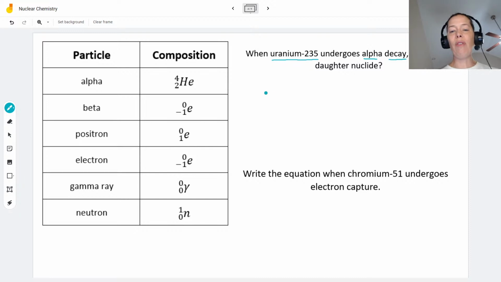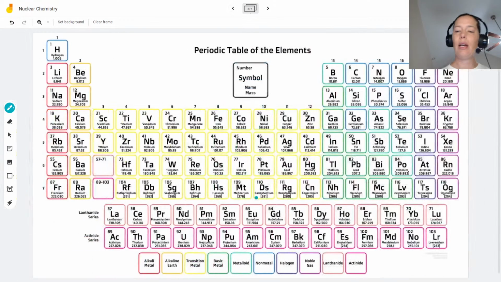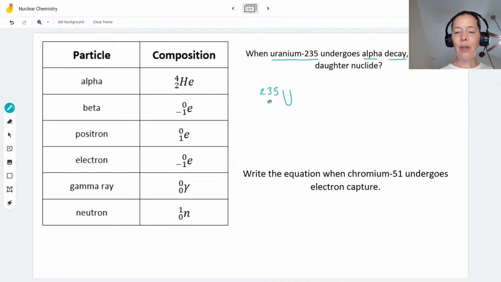So 235 is our mass, so it goes on top. And of course, this is uranium. Now, what I need to do is I need to find my atomic number first. So I'm going to go back to my periodic table. And if you find uranium down here in the F block, here it is right here. And so my atomic number is 92. So I'm going to put a 92 here.